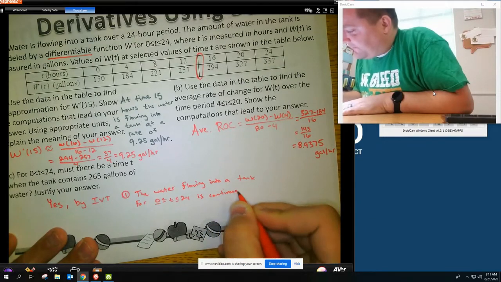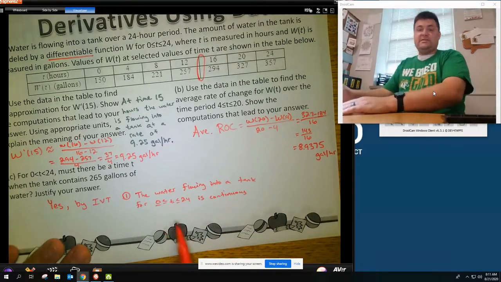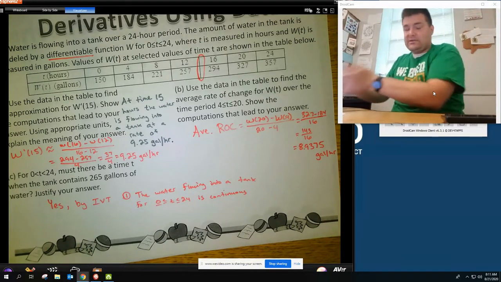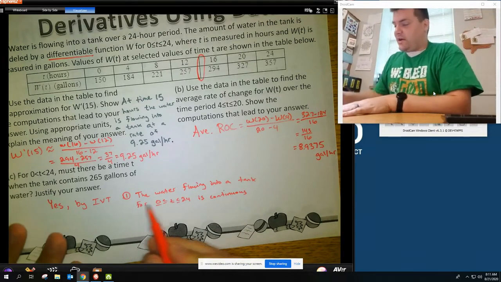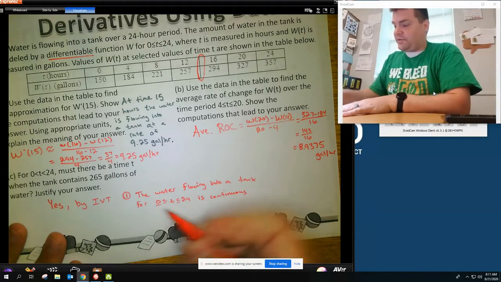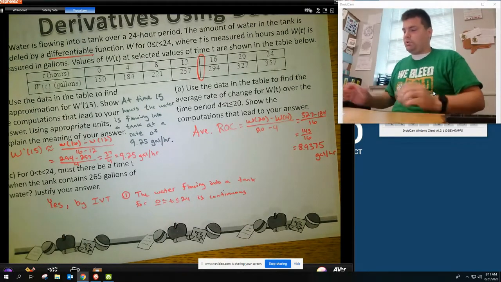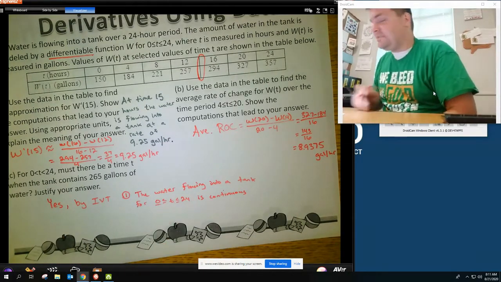So again, for IVT, I'm just saying that the function is continuous over that interval. That's all I'm putting there. Could you have written down W of T is continuous over this interval right here? Totally could.